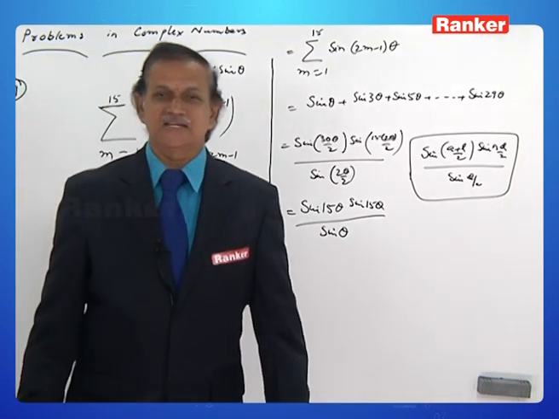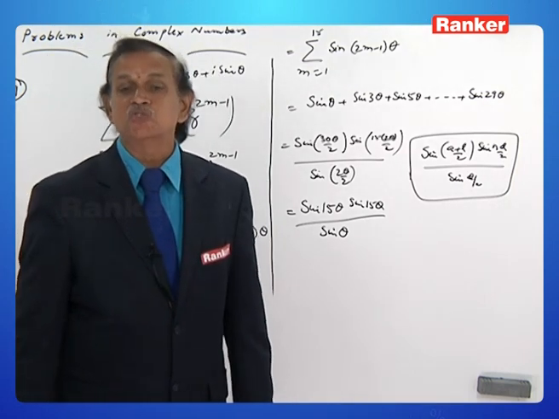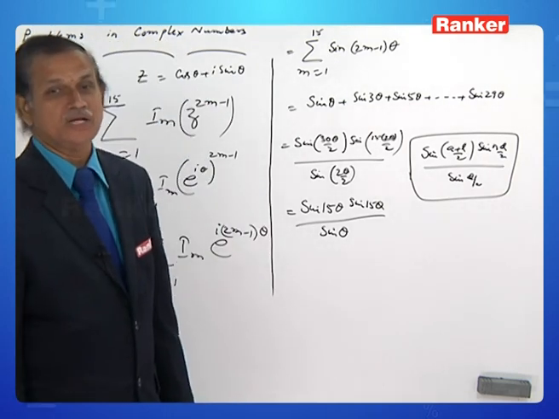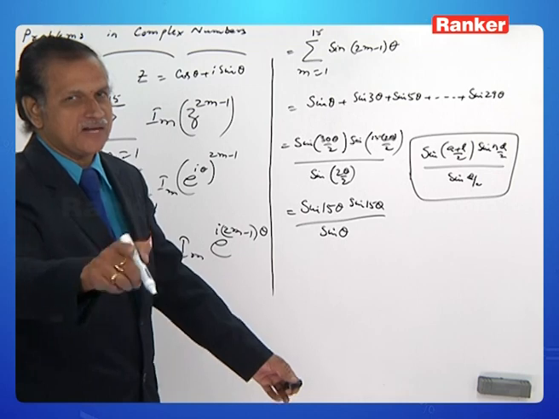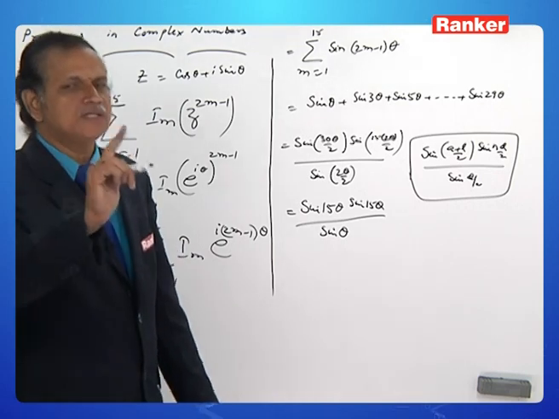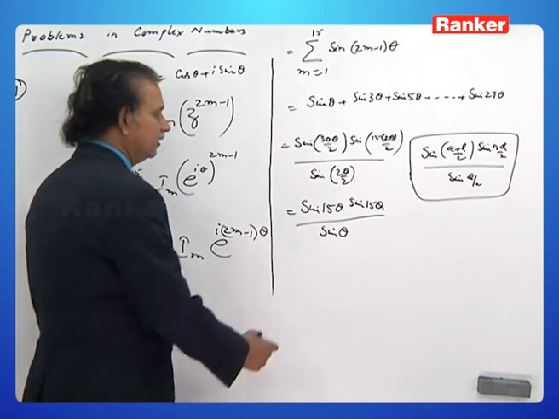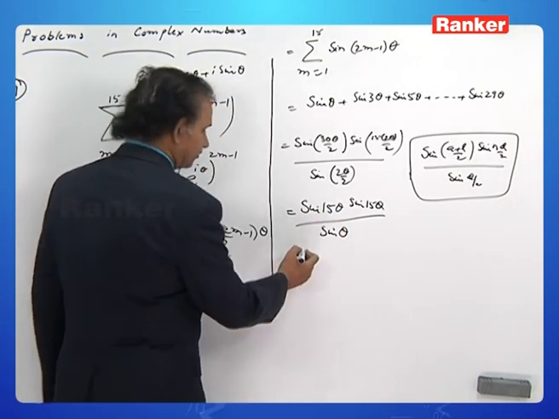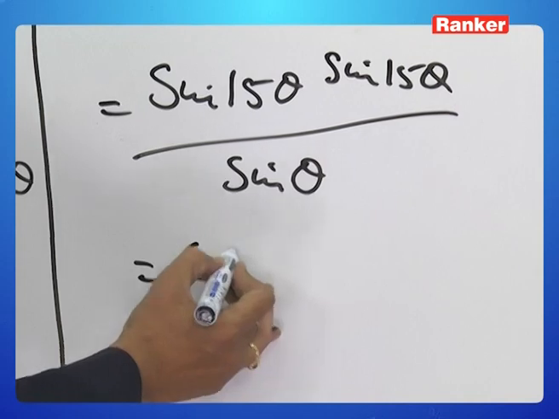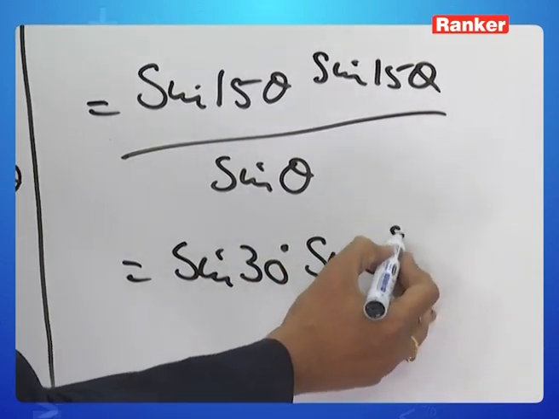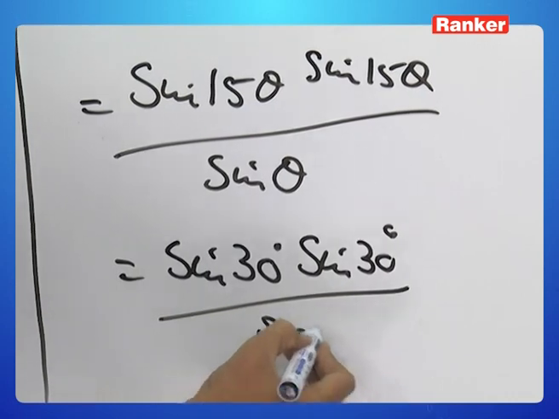Now it is the right time for us to use theta is equal to 2 degrees, because we are supposed to estimate the required sum at theta is equal to 2 degrees. Get it substituted there. What is going to happen? 15 2s are 30 degrees. So it is sin 30 degrees into sin 30 degrees by sin 2 degrees.